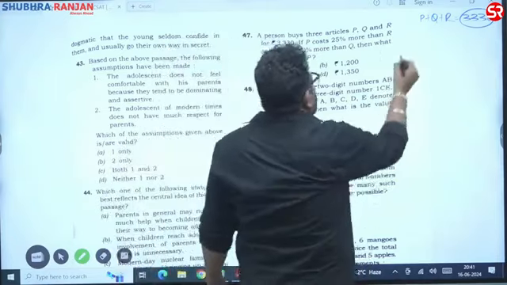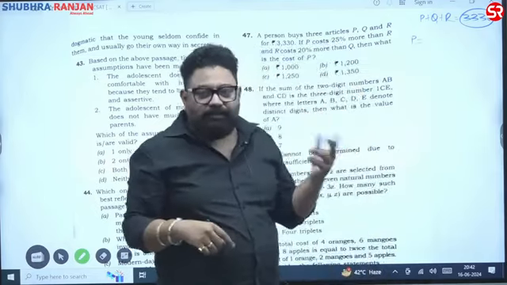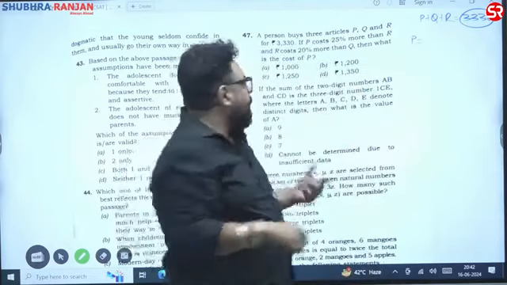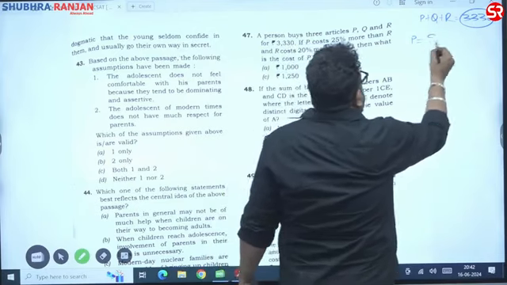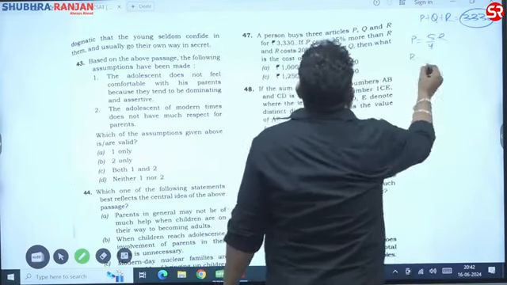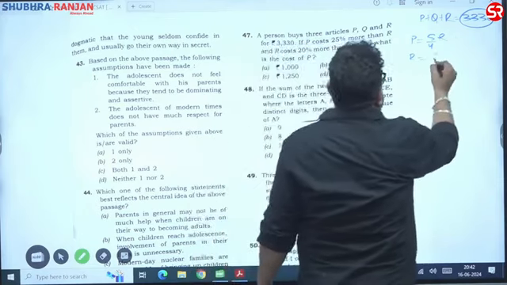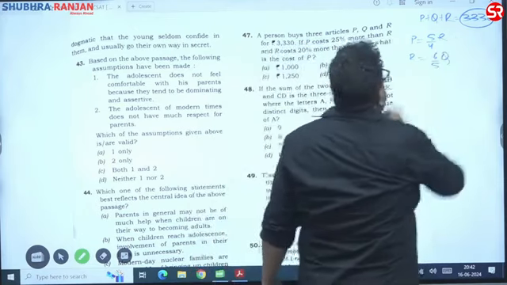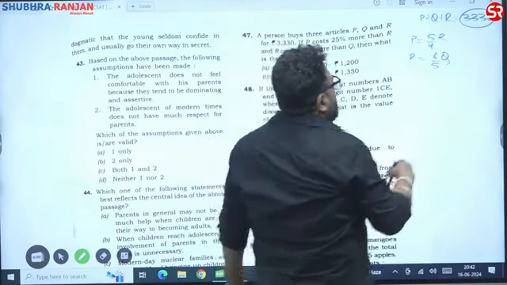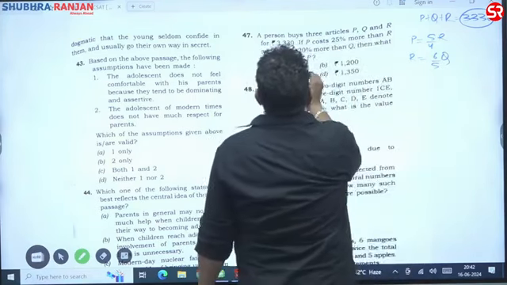P cost is 25% more than R, 1.25, which is 5/4 of R. And then R cost is 20% of Q. So R is 20% of Q. 20% is 1 by 5 of Q. So all you needed to do was change, because he is asking, then what is the cost of P?